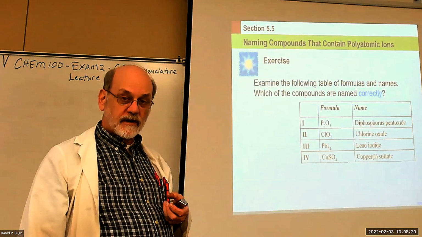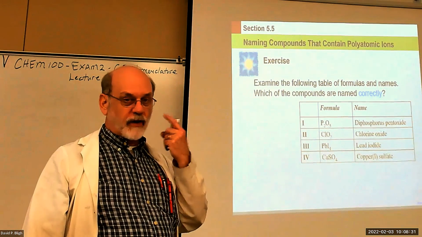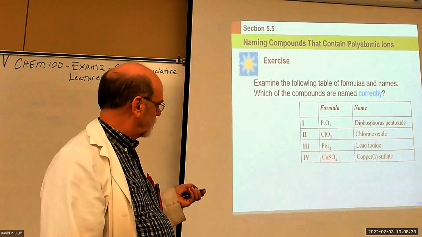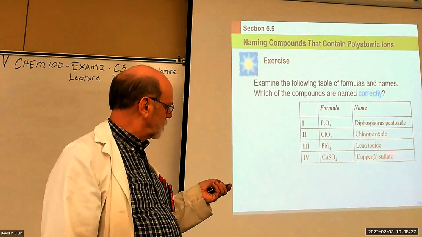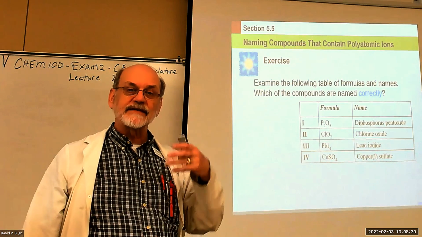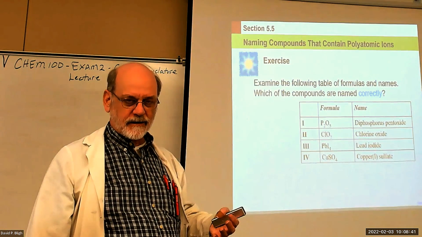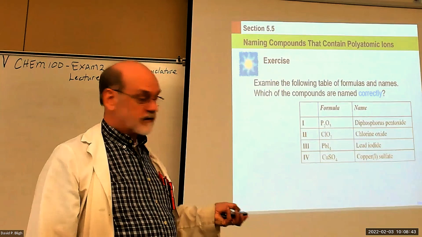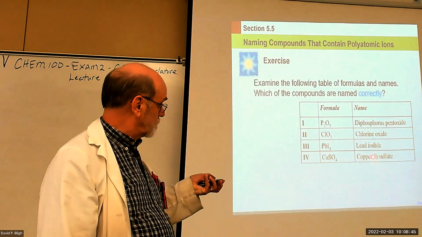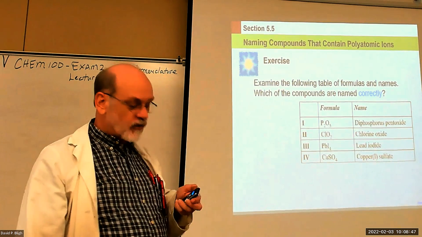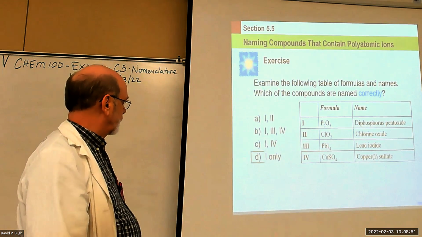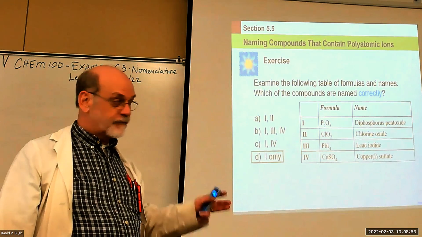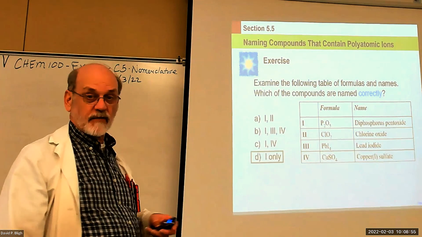That means copper, if there's only one of them, copper has to be a 2+ charge. Copper 1 sulfate. Right? SO4 2- is sulfate ion. That's wrong. Copper needs a 2+ charge. So there's only one right one in this whole bunch. It's just the first one that is correct. The rest of them are wrong.